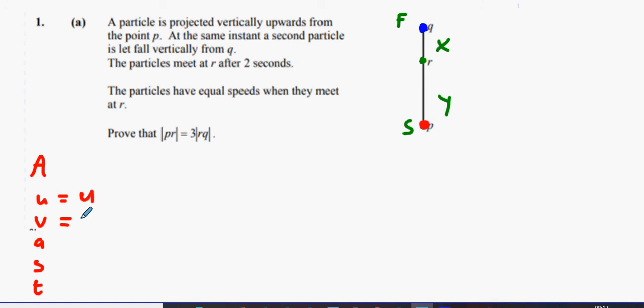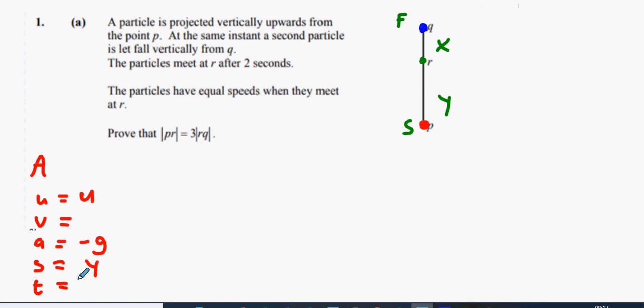Is there any evidence to say it's stationary when they collide? No, leave V alone. A, what's the acceleration here? Minus gravity, because you're decelerating. Your S value, you can call it Y. And your T value, you have a choice. You want it to be T plus 2 or T minus 2?